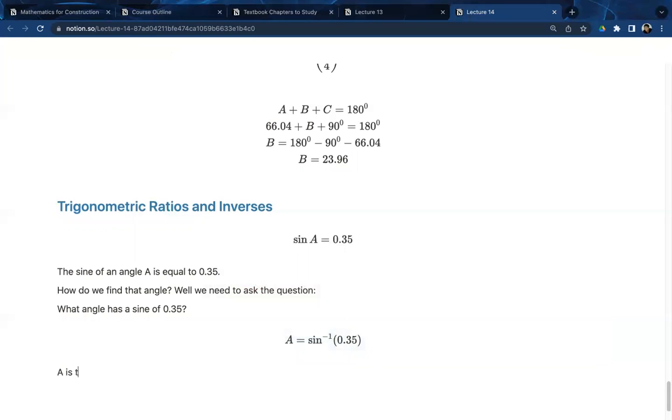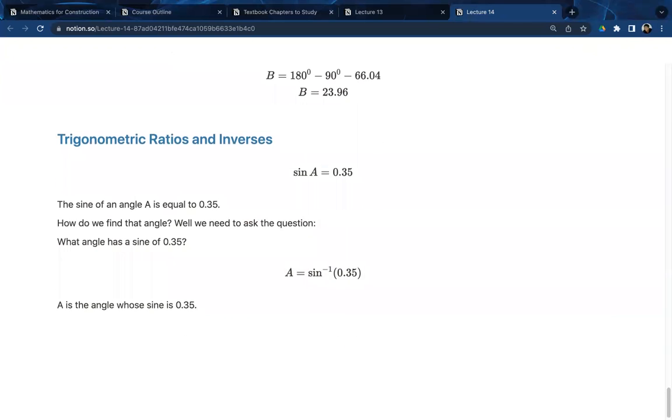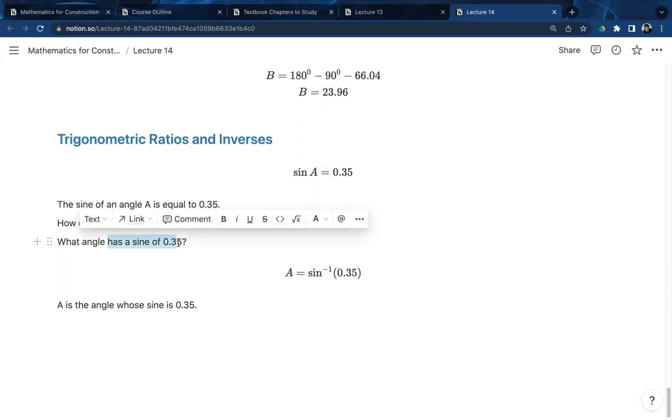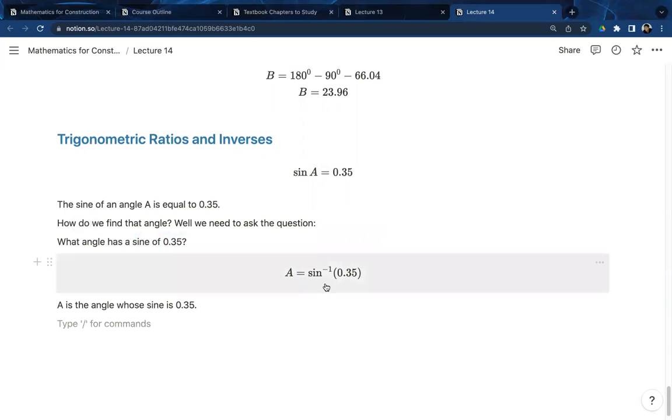A is the angle whose sine is 0.35, right? So you see, it's like the same thing here. What angle has a sine of 0.35? Well, I need to find the sine inverse. The inverse sine of 0.35 will tell me which angle has the sine of 0.35, right?